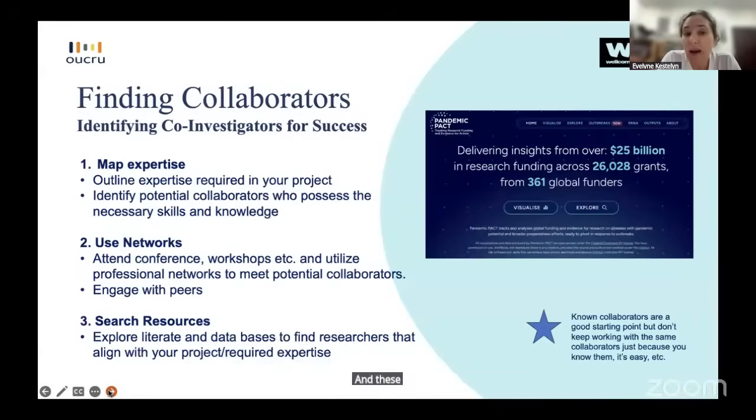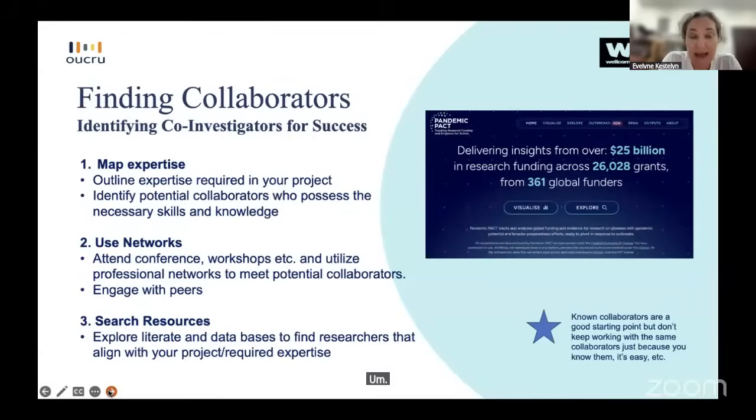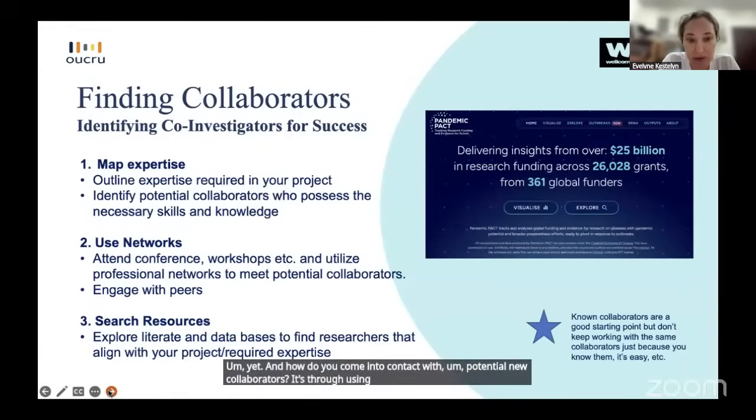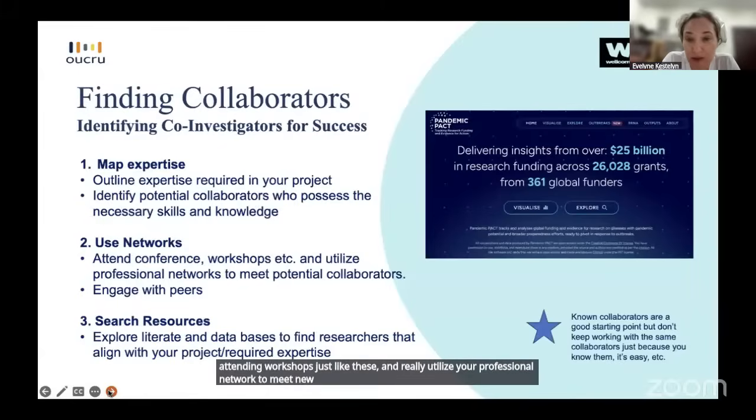These can be people that you've worked with before, but they could also be people that you have not met yet. How do you come into contact with potential new collaborators? It's through using your existing networks. It's through attending conferences and workshops just like these, and really utilizing your professional network to meet new potential collaborators.